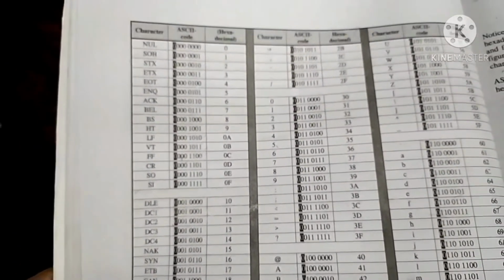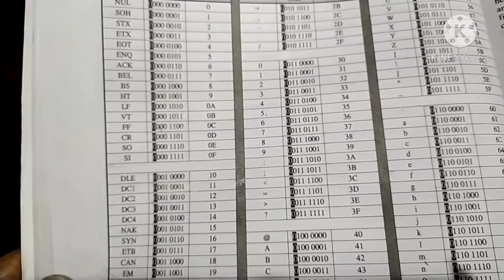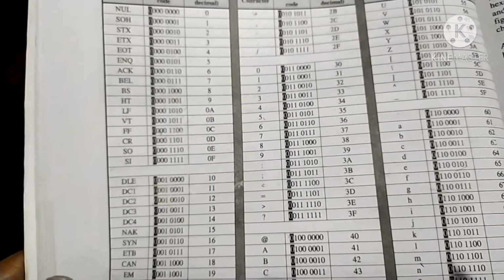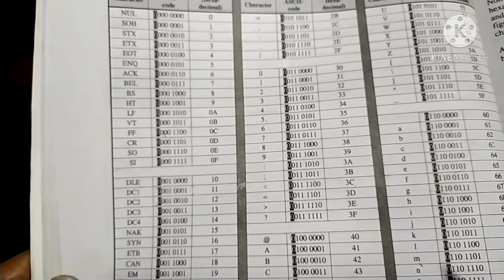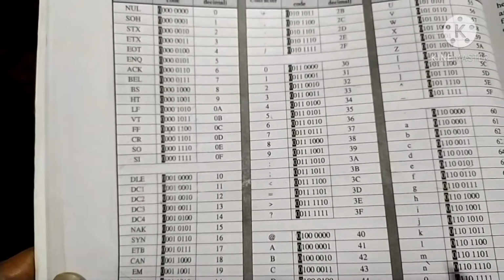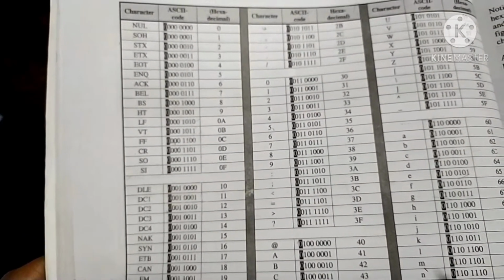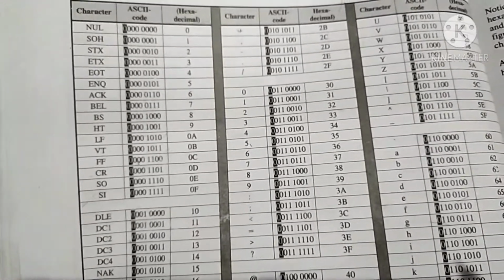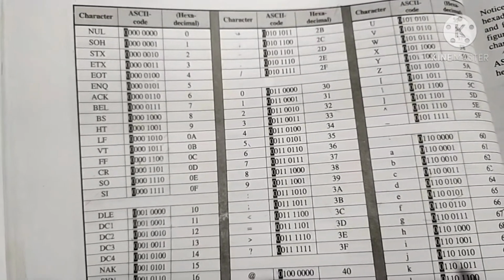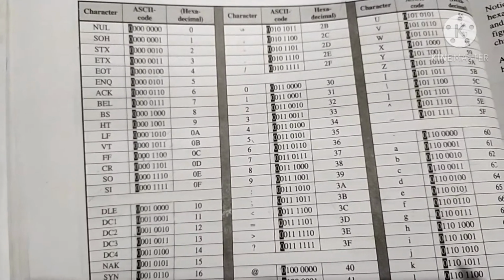In front of those characters you have some series of zeros and ones. You can observe that the second column is called the ASCII code. It's a group of 8 bits.